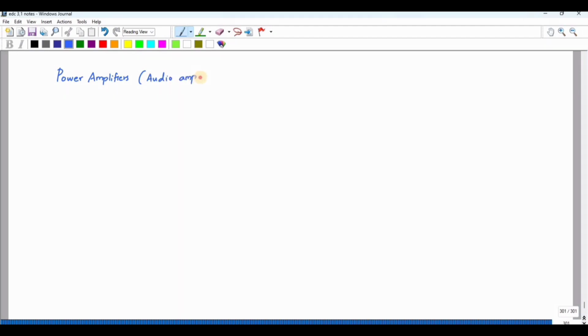So basically, this power amplifier comes under the category of large signal amplifiers. The power amplifier does not actually amplify the power.